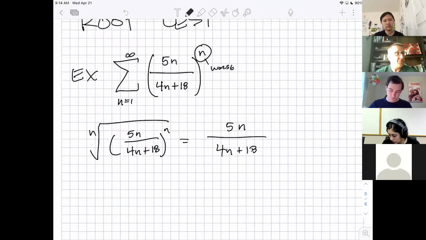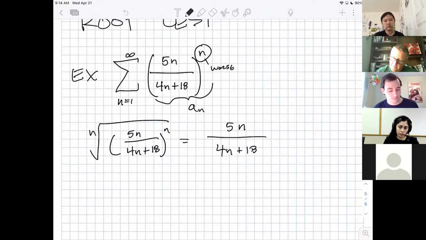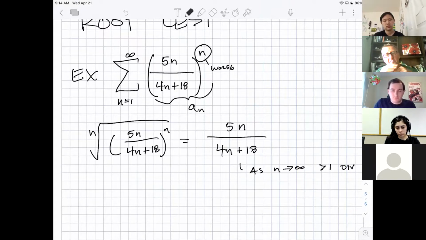So if I take the nth root of whatever this an statement is here, this of course collectively is our formula, then just analyze this thing as n goes to infinity. If it's greater than 1, then it's going to diverge because that represents growth.